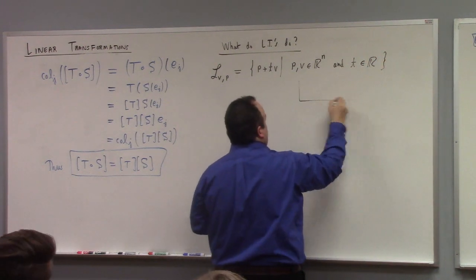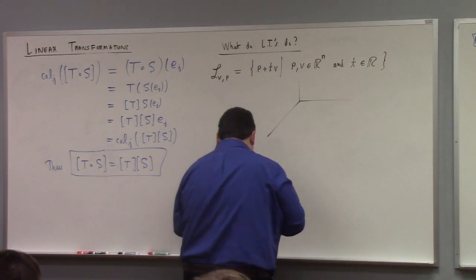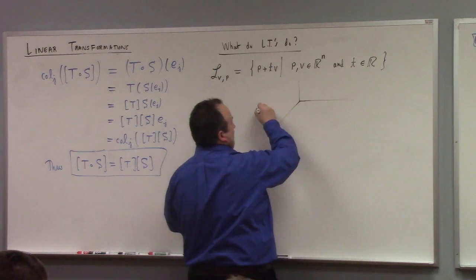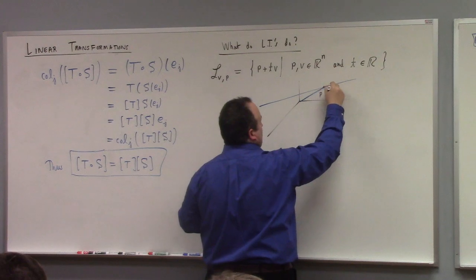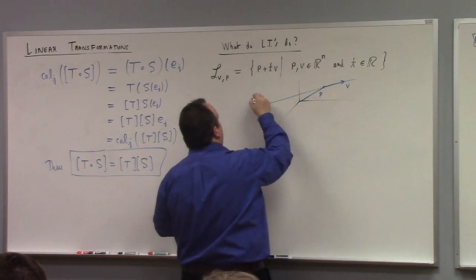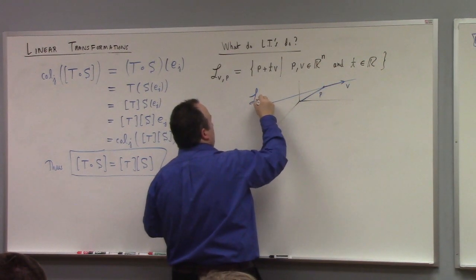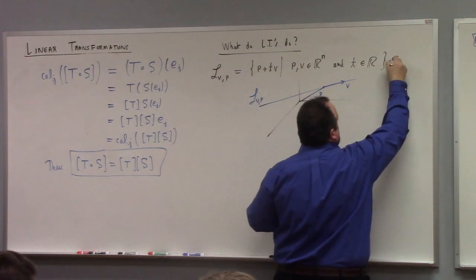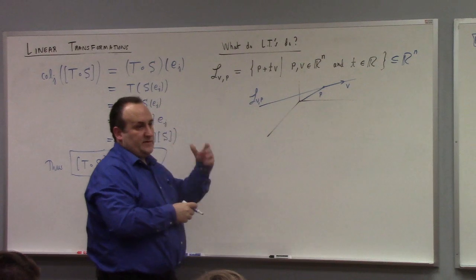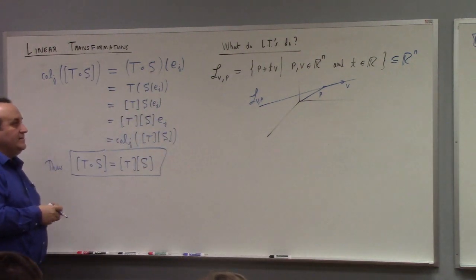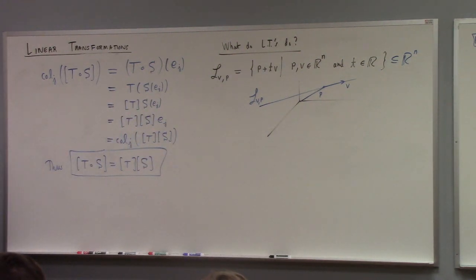So just to graph this schematically, this is the point set, which has a base point of p and a direction vector of v, right? And this is a subset of Rn, right? The line with direction vector v and base point p.